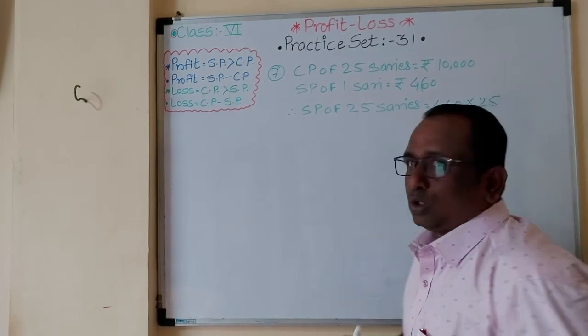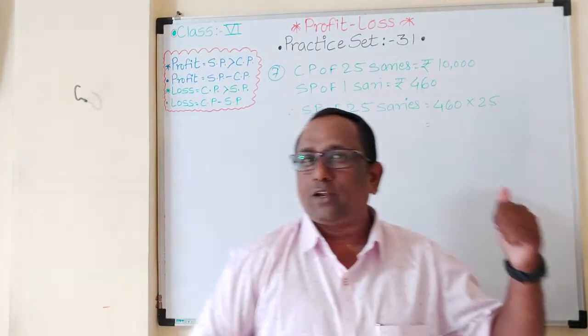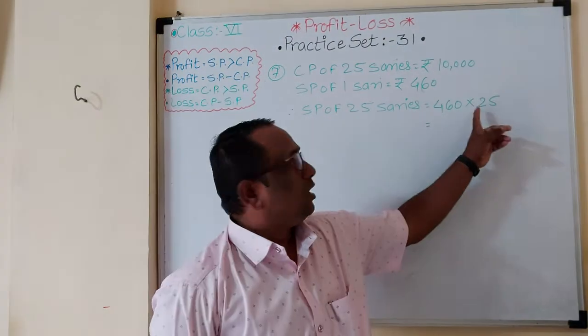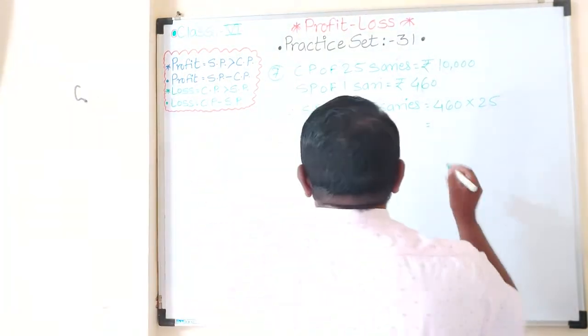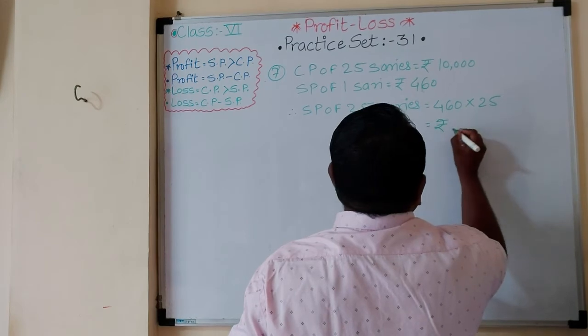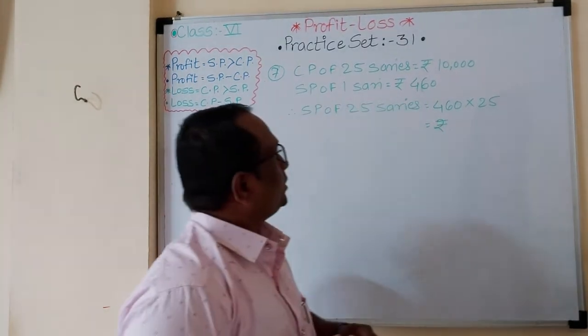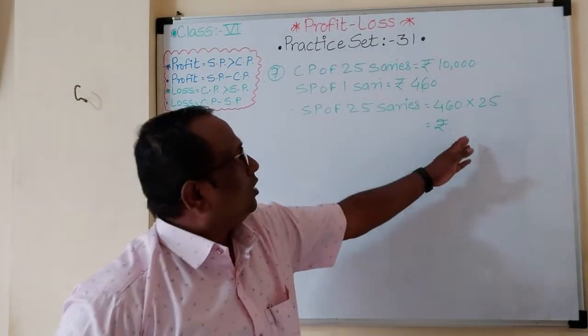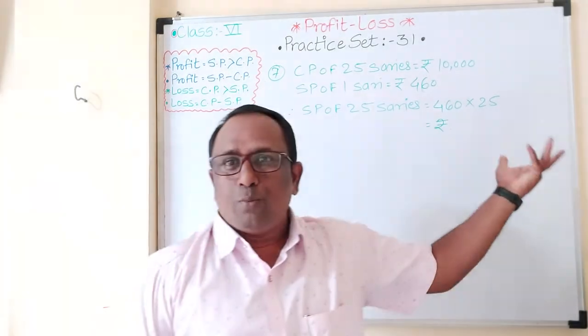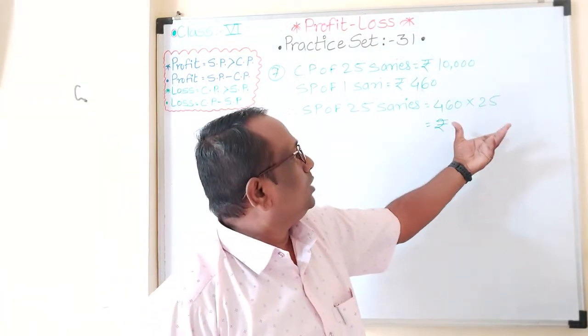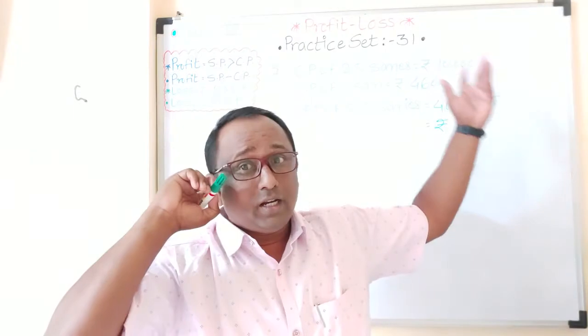Okay. So students, here you have to do the calculation. 460 multiplied by 25, then you will get the selling price of 25 saris. Then you have to decide. Obviously here is profit, because the selling price you got is more than the cost price.